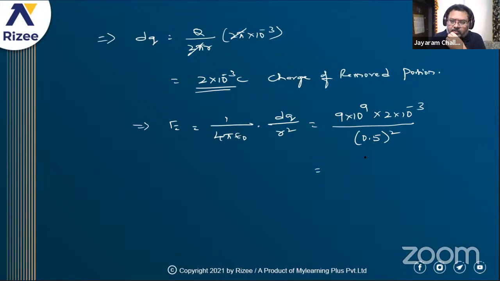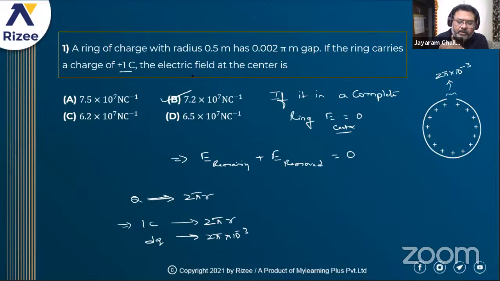On solving, you should get 18 by 0.25, so it will be 72, or 7.2 into 10 to the power of 7 newton per coulomb. So this should be our answer, that is option B here.